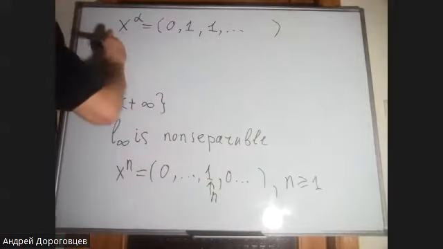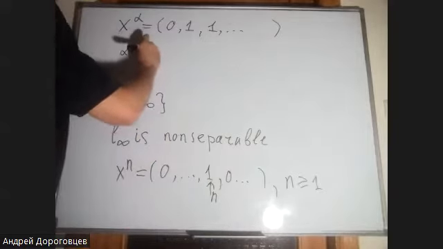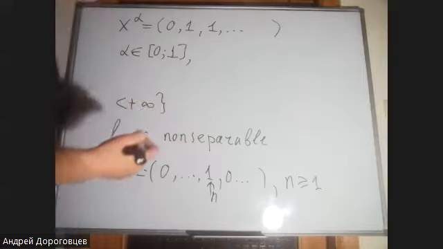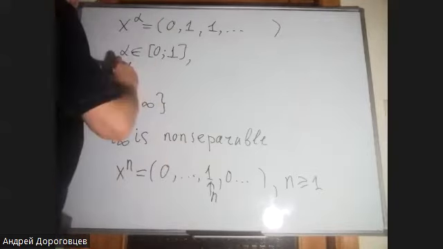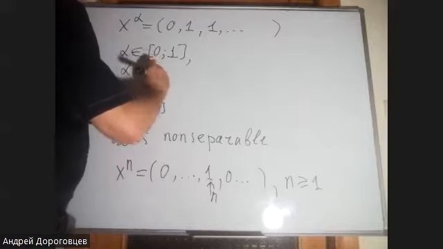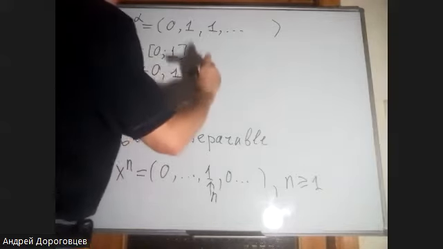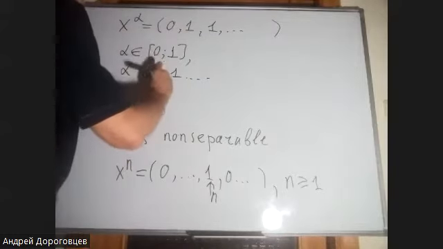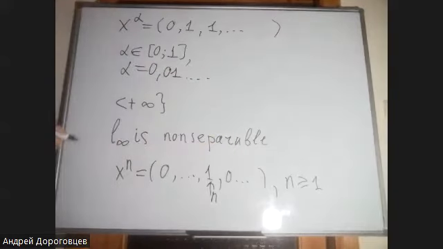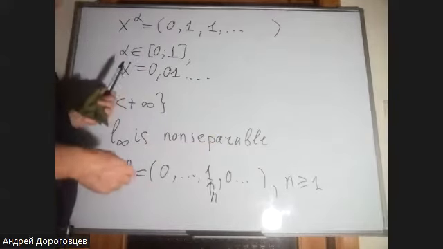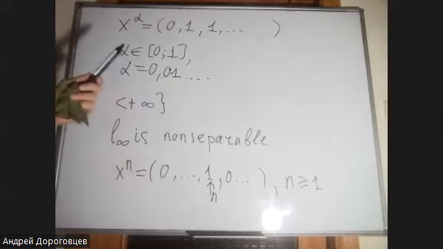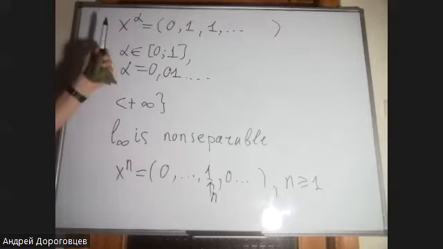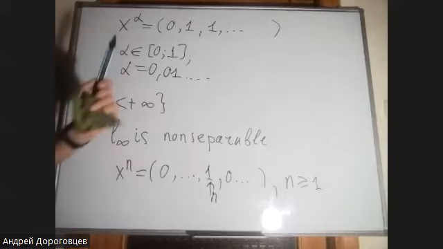For example, we can take alpha from the interval [0,1] and consider its dyadic expansion. Then we definitely will have a continuum of such x which are different.